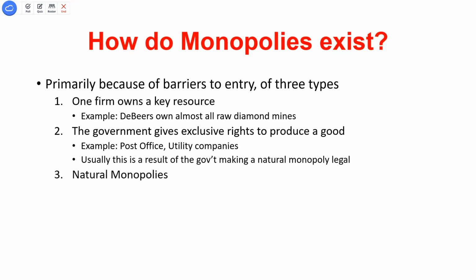And then the other is natural monopolies, which is just that there's only enough demand, given what the costs are in the industry, to support one firm, right? It kind of depends on where you live because of the population.